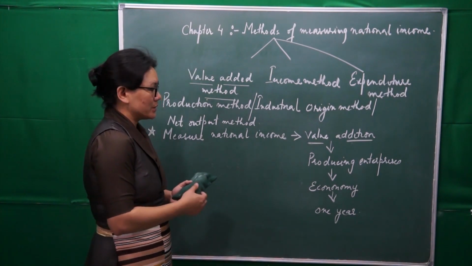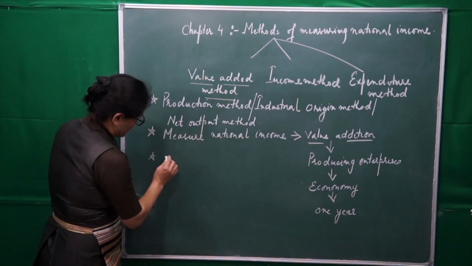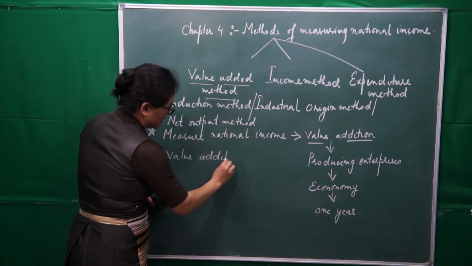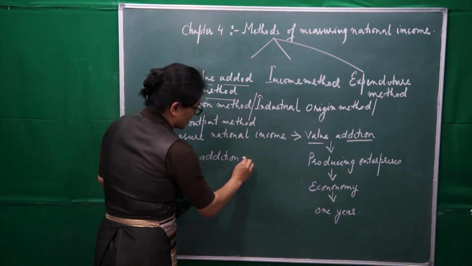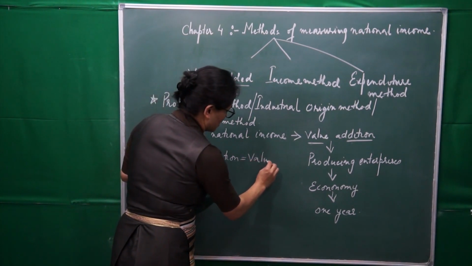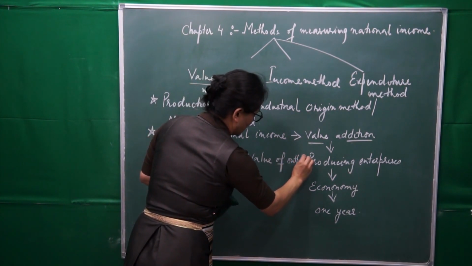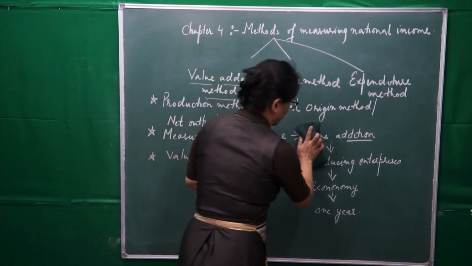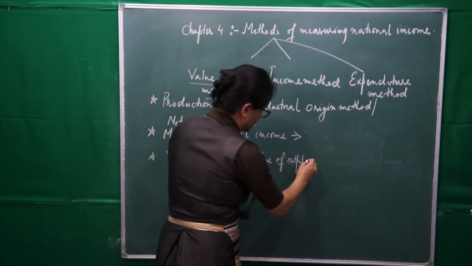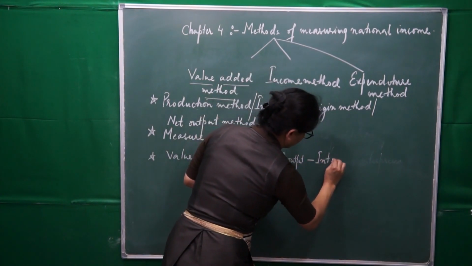Now, value addition is the difference between value of output minus intermediate consumption.